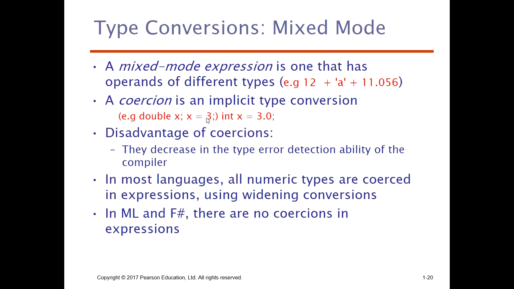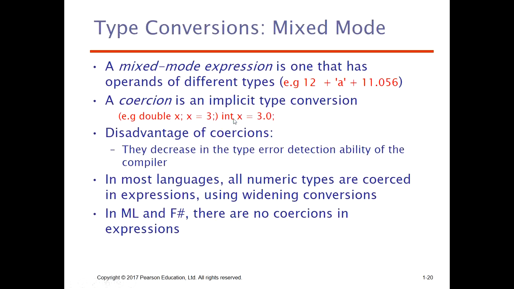This is done implicitly during the compilation process. The compiler will convert this 3, which looks like an integer, implicitly to a double, since it is declared with the data type double.